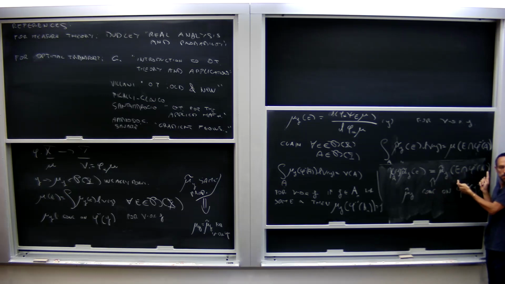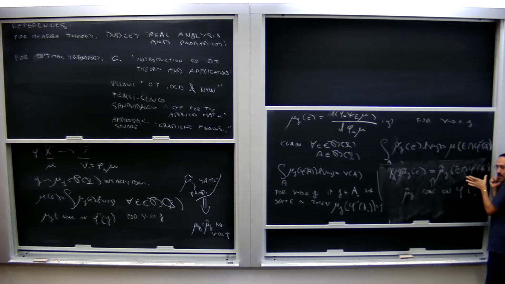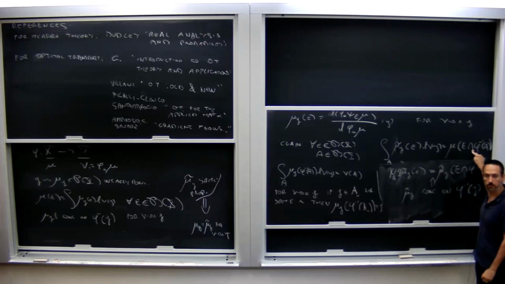So if y belongs to A, and this holds, this is true. But if y is not in A, then the left-hand side is 0. But also the right-hand side is 0, because mu y is concentrated on this set, and therefore, when we take the intersection, okay. Now you integrate and you get this, right?